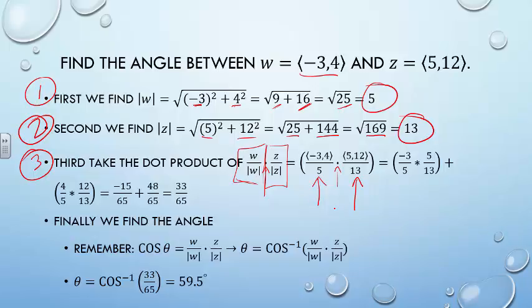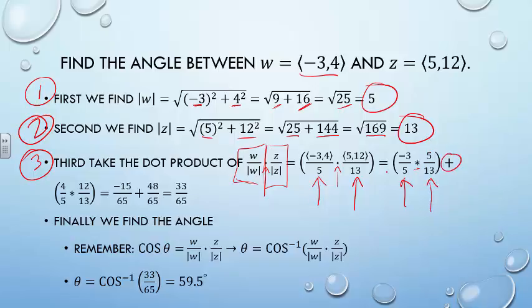So we take the product of the first values plus the product of the second values. The first value for w is -3. We want it over the magnitude, that's 5. We're multiplying, notice the change in symbol. We need to find the first of z, 5, over the magnitude of z, 13.